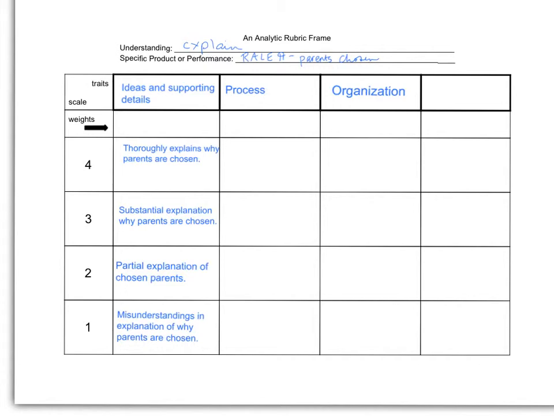Thinking about process, we're talking about their accuracy. That's what's important here. So I'm going to use the degrees of accuracy. And the first one is completely accurate. So we'll say Punnett squares are completely accurate.